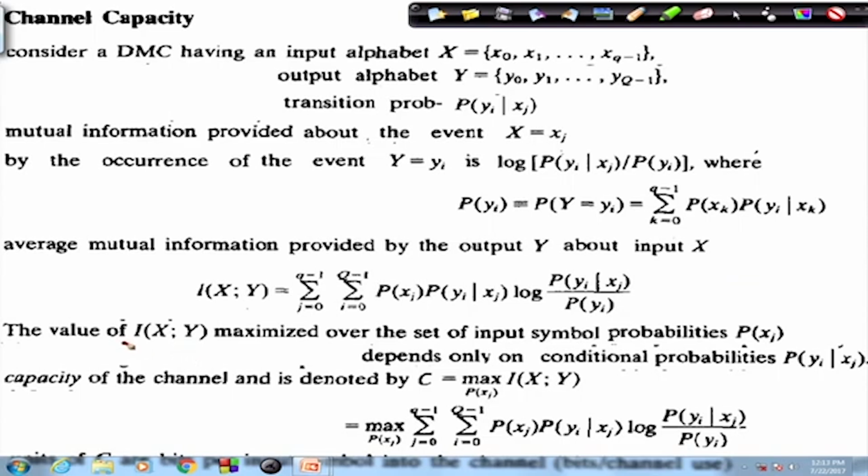The value of I(x;y), the average mutual information: effectively, we are observing a particular outcome and trying to find some kind of correlation with what has been sent. If the probability of observing 3D is highest when 3D has been transmitted, that intuitively means the mutual information between 3D and 3D should be very high.